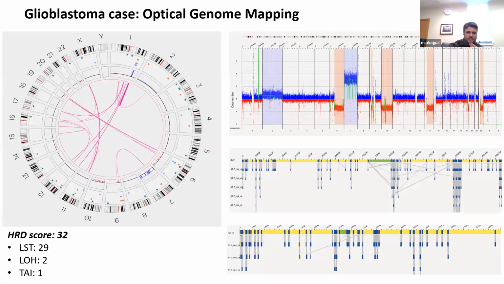When we ran the same sample on optical genome mapping, you can see that it's much more complex. And the scarring is driven or is more represented by these rearrangements rather than those copy number rearrangements or those transitions. And the score here is 32 on the same sample.